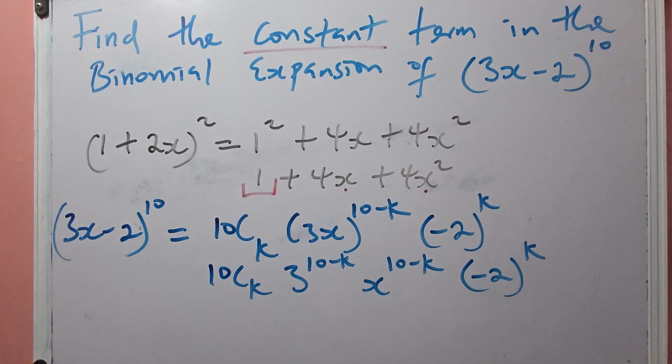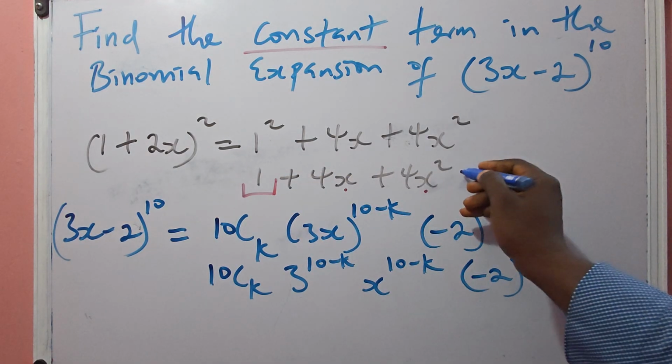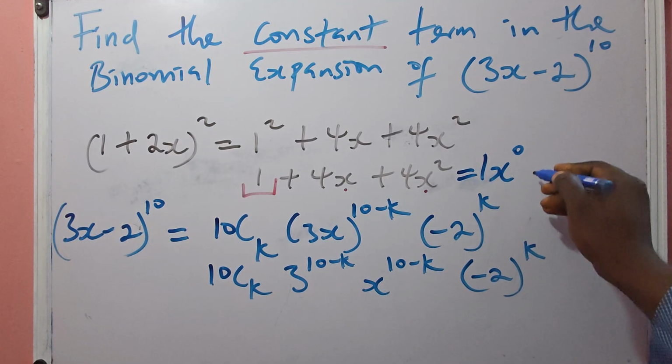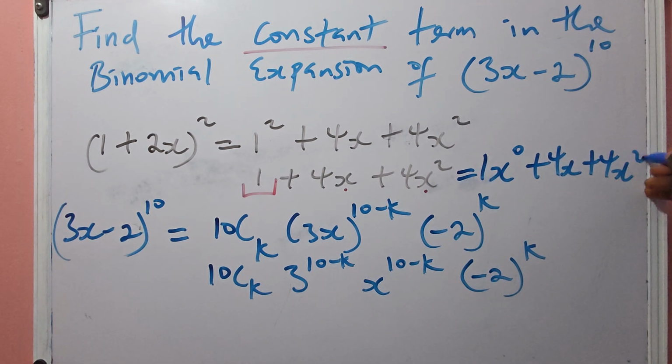Now the next thing to ask yourself is, for you to have a constant term, even though I told you earlier that a constant term is void of a variable, there is a way of expressing this differently. If I wanted to express this in a different way, I could express it like this: 1 times x raised to the power 0, plus 4x plus 4x squared.